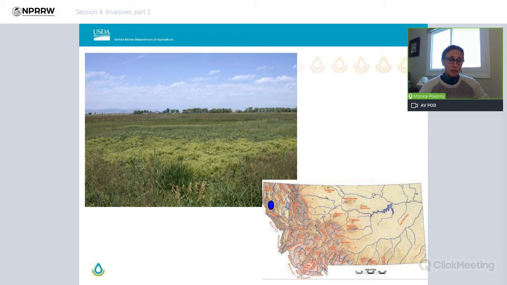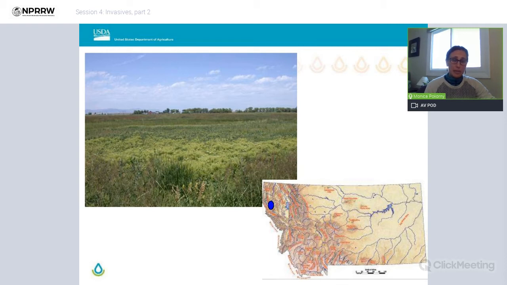So I'm going to give you a couple examples now of some studies where we tested this idea in invasive plant management. The first is in Western Montana, where we had some grasslands that were pasture land for probably the last 40 years.